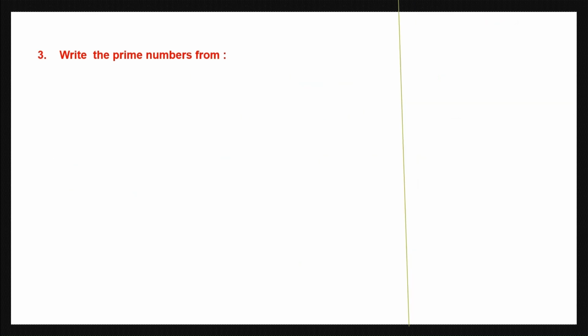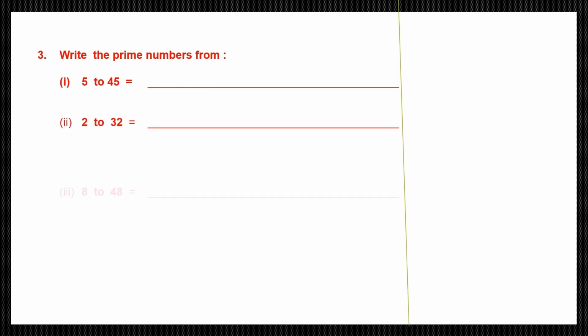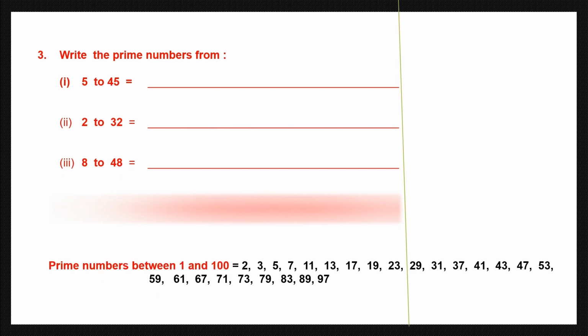Here we have to write all the prime numbers from 5 to 45, 2 to 32, then we have 8 to 48. So let's have all the prime numbers there. And looking at this, let's fill up. Now 5 to 45. So starting from 5 up to 45. 45, as we know, is not a prime number. So we stop here.